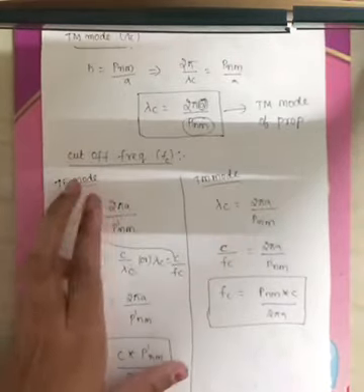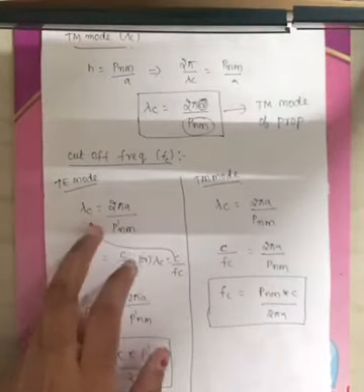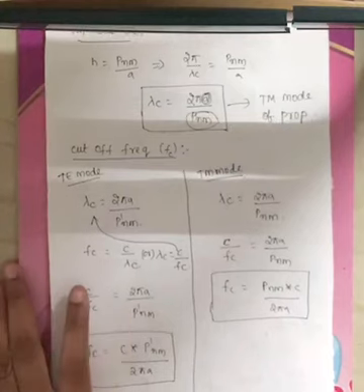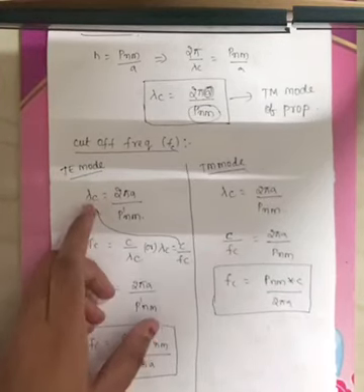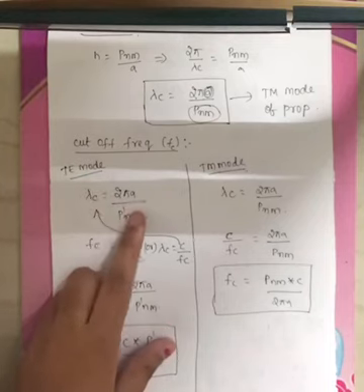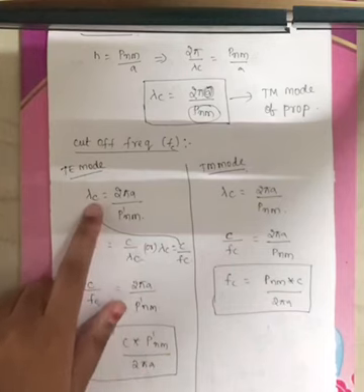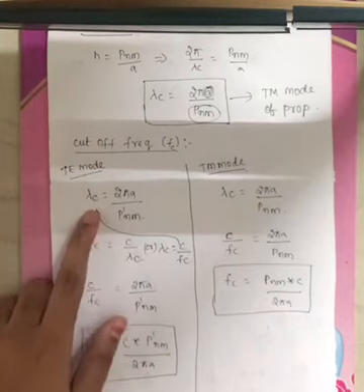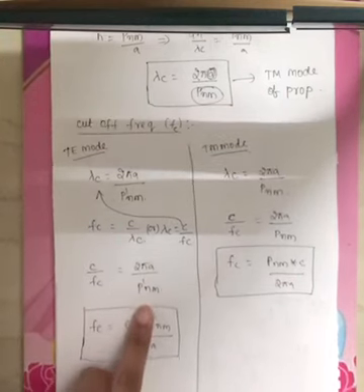Now let me briefly explain the cutoff frequency equations. Here you will have two different equations, one for TE mode of propagation and another for TM mode of propagation. For TE mode, the cutoff wavelength is 2 pi a by p dash nm. Lambda is nothing but c by f, so lambda c is c by fc, which equals 2 pi a by p dash nm.